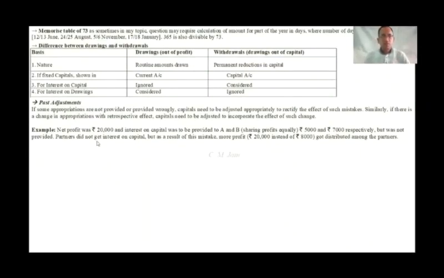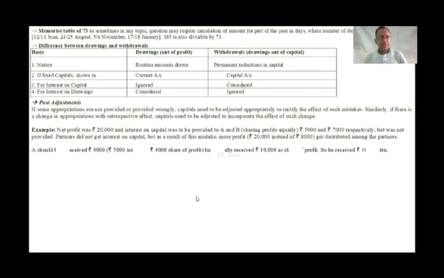So partners did not get interest on capital, but as a result of this mistake, more profit, that is rupees 20,000, was distributed. Had these appropriations been done, meaning had they been given interest on capital 5,000 and 7,000, 12,000 profit would have gone in interest on capital. The remaining 8,000 would have been distributed as share of profit.